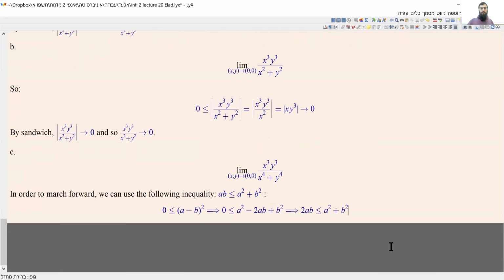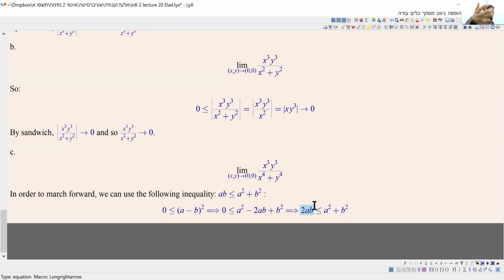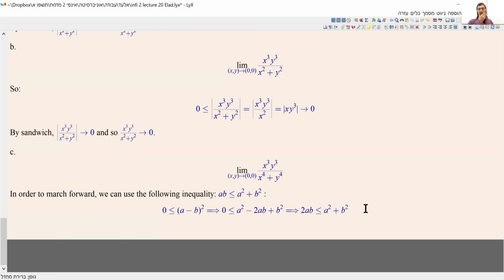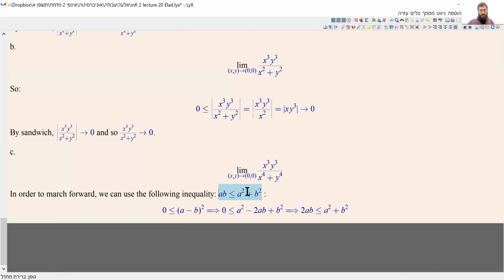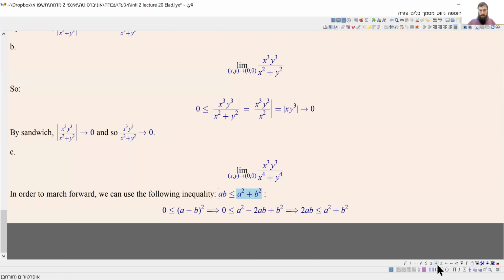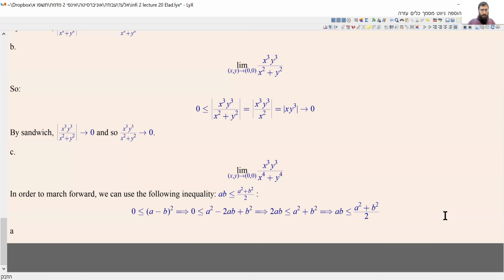And of course, it will be divided by 2. It will still be even smaller. And now let's write it with the half.